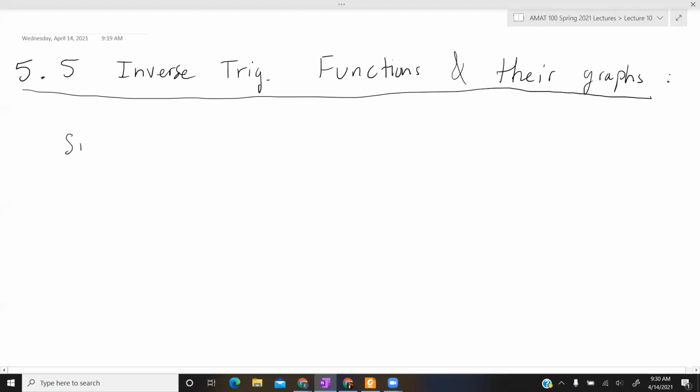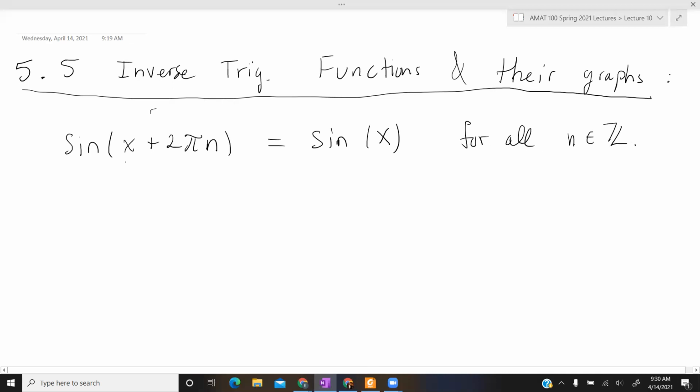So, for example, sine x has a period of 2 pi. What that means is that if I take sine of x plus 2 pi n, that's going to be sine of x. If I just fix x and look at n varying, this equation holds for all integers n.